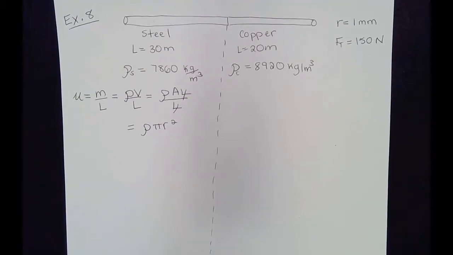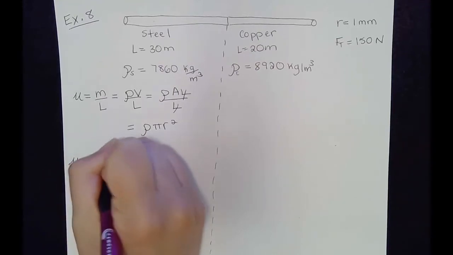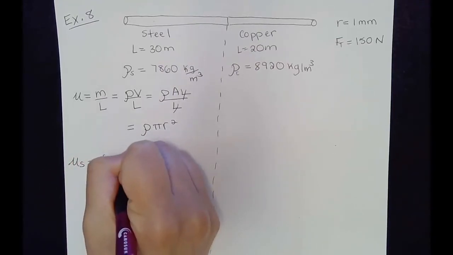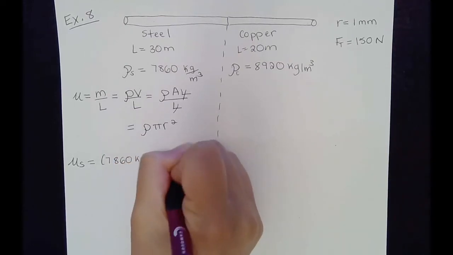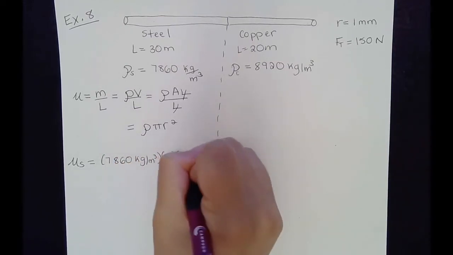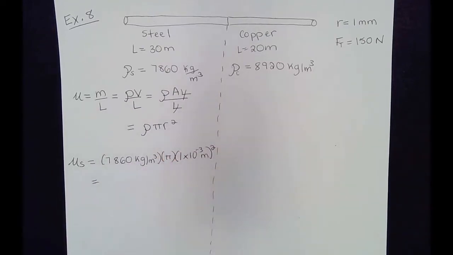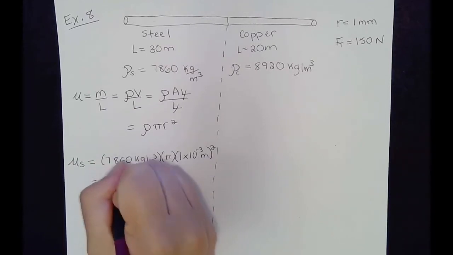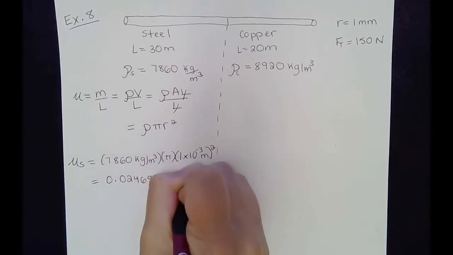When I find μ here, the μ for steel will be 7,860 kilograms per meter cubed times π times (1 × 10⁻³ meters) squared, which is 0.02469 kilograms per meter.